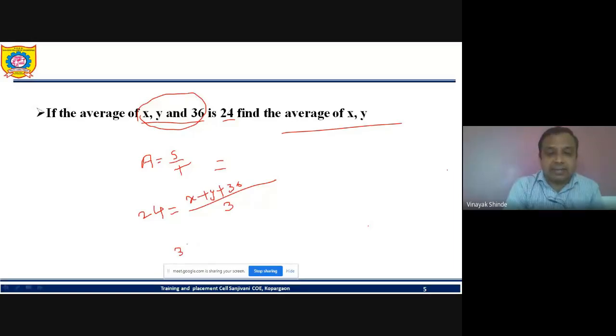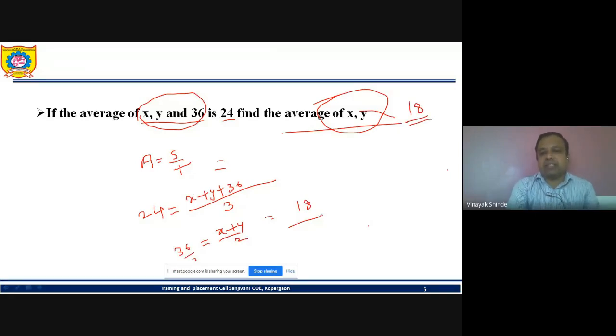So here you will get 36 as x plus y. It is asked what is the average, so you can divide it by 2. So how much is the average? It is 18. So the average of x and y is 18. Go for next.